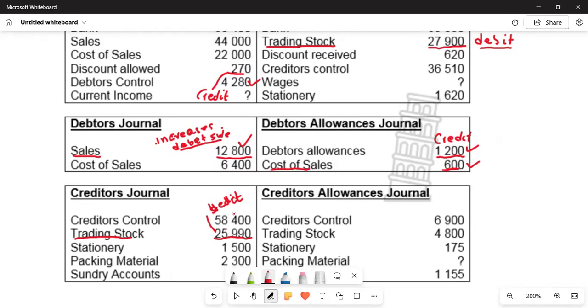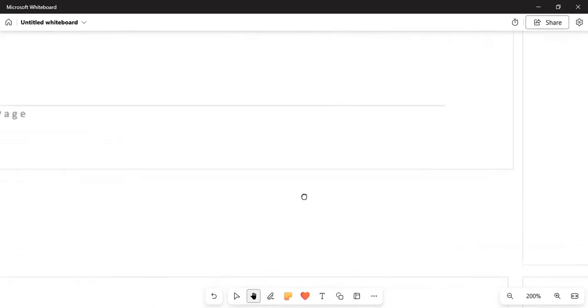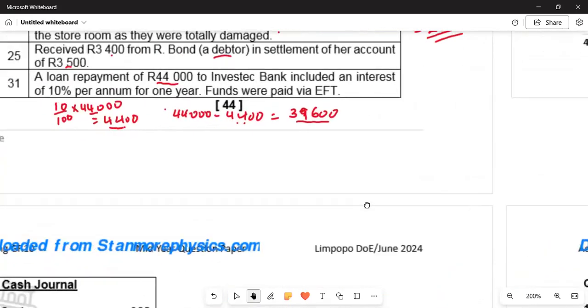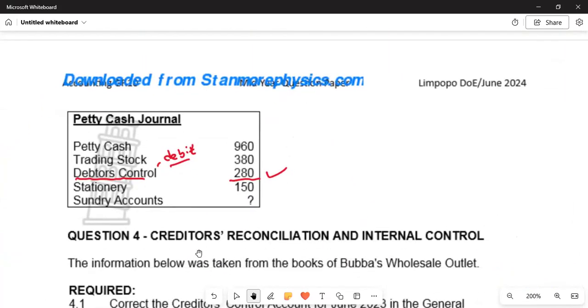Also, we are going to see if our petty cash is not affected. We're going to our petty cash, and here is our petty cash. You can see that we have a trading stock. We did buy stock, taking out money from our petty cash. That is stock bought with petty cash.